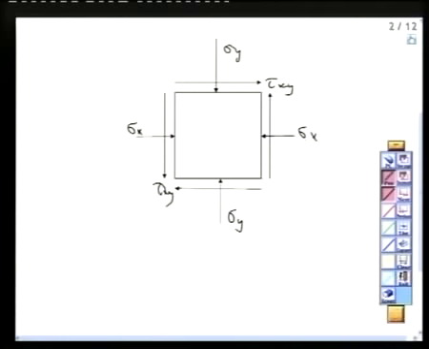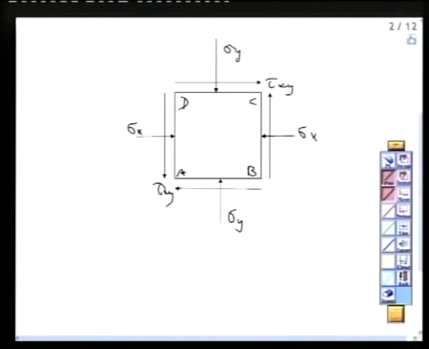Under equilibrium, the summation of forces in y is 0, the summation of forces in x is 0, and the summation of moments is 0. This moment is going against this moment. Now suppose the corners are A, B, C, D. These are the acting forces on these planes.